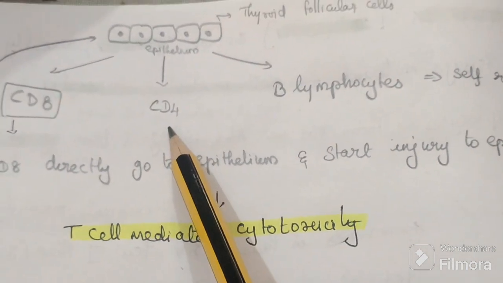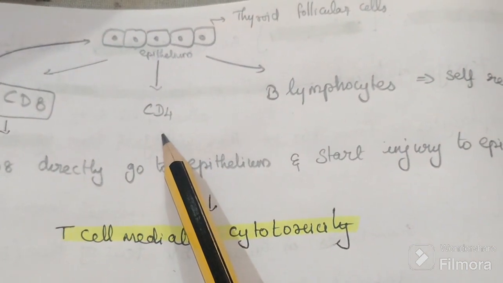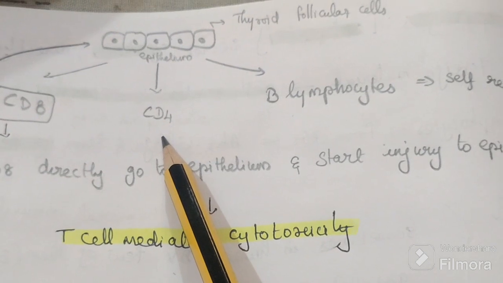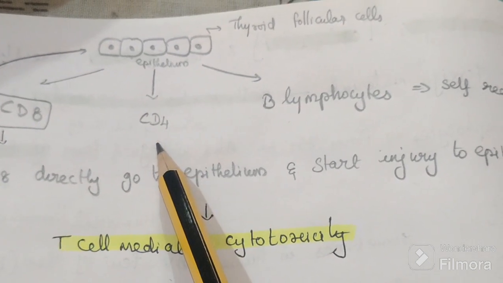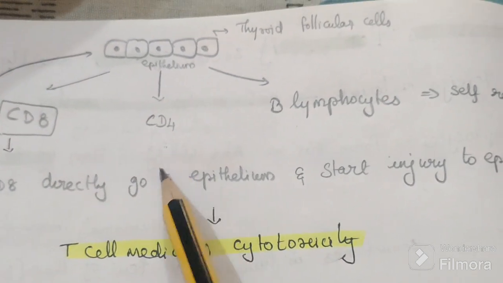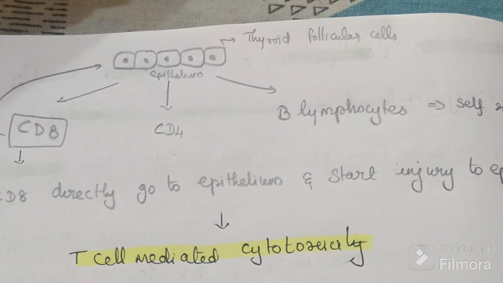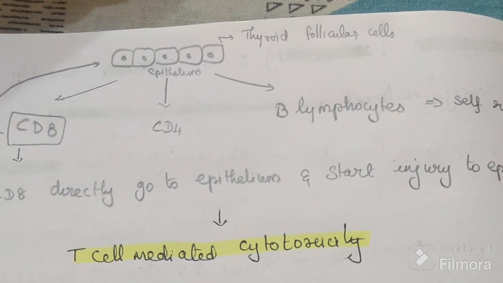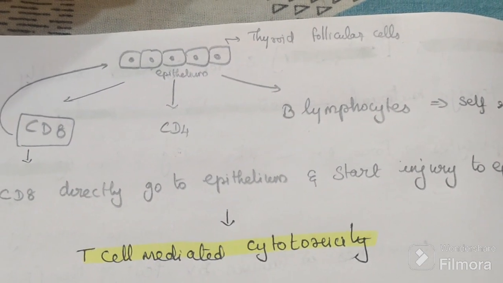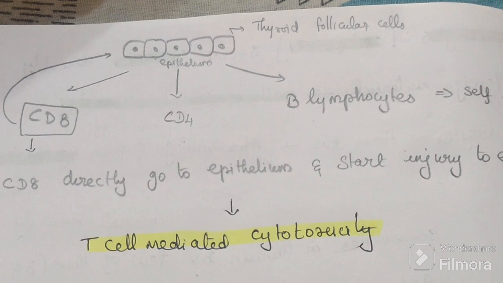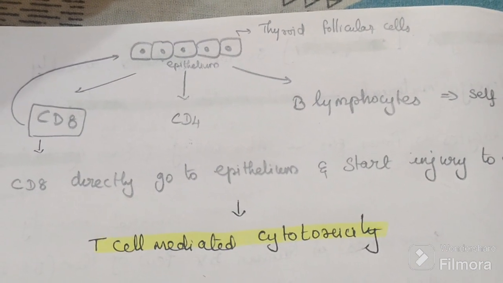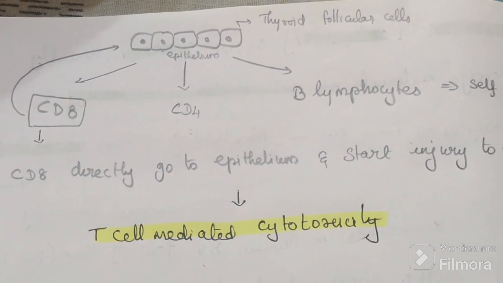CD4 cells secrete interferon and activate macrophages. This interferon activates macrophages, which cause cell injury. So the thyroid epithelium is injured by CD8 cells and also by CD4 cells.